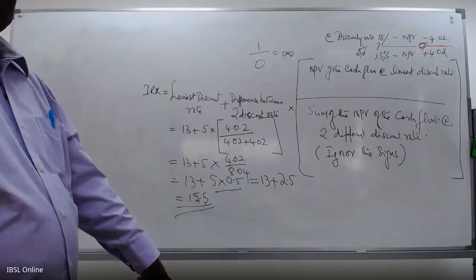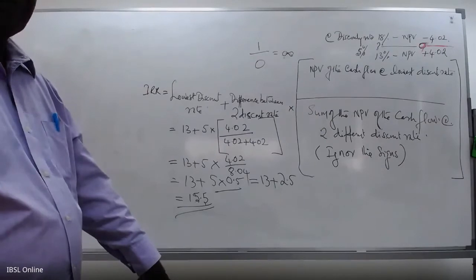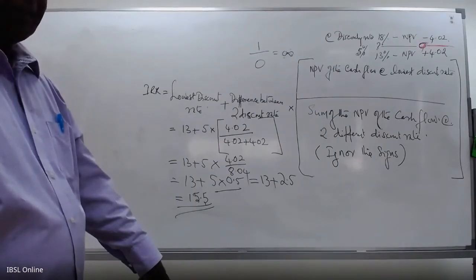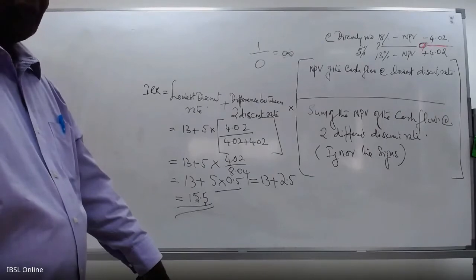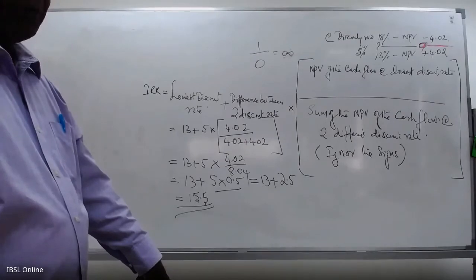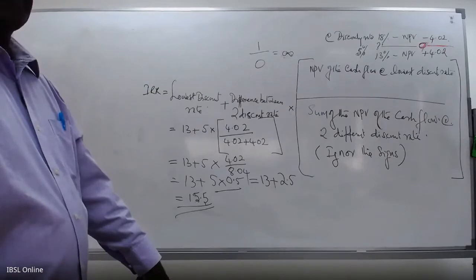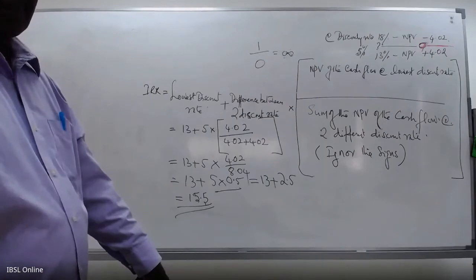So now you know about IRR also. Once again, you know the meaning of time value of money, present value, future value, compounding, compounding rate, compounding factor, discounting, discounting rate, discounting factor, net present value (NPV), and IRR, internal rate of return.